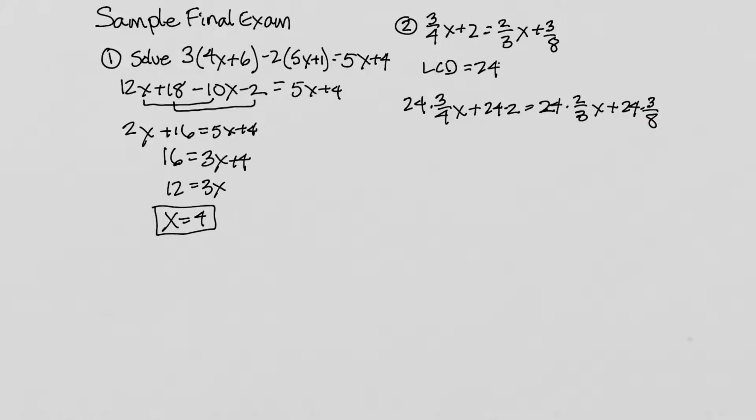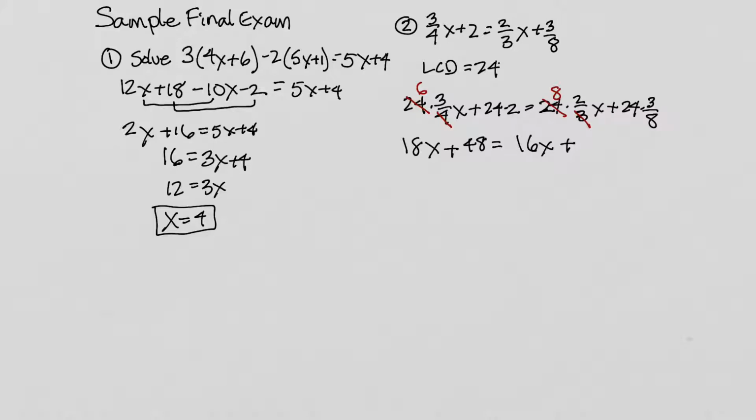So what's going to happen now is that every one of these denominators is going to cancel. So this 4 will go into 24 6 times, and then we are left with 6 times 3, which is 18x plus, right, there's the plus, 24 times 2, now no denominators here, so we'll just get a 48 here, equals, and now over here, this 3 will go into 24 8 times, and now we're left with 8 times 2x, so we're left with 16x, and then plus, right, there's the plus right there.